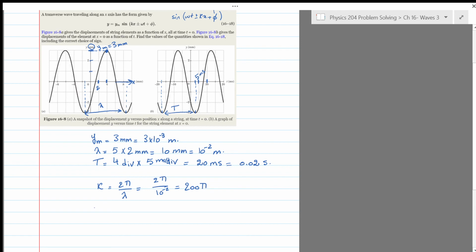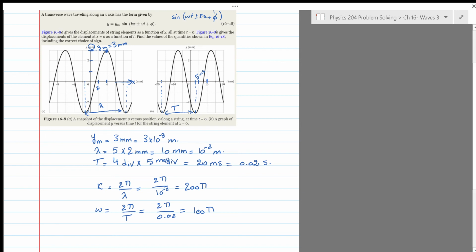And we can also find omega, which is 2 pi over the period. So again, this is 2 pi over 0.02, which will give us 100 pi. So we just found k and omega. We found the amplitude, ym.